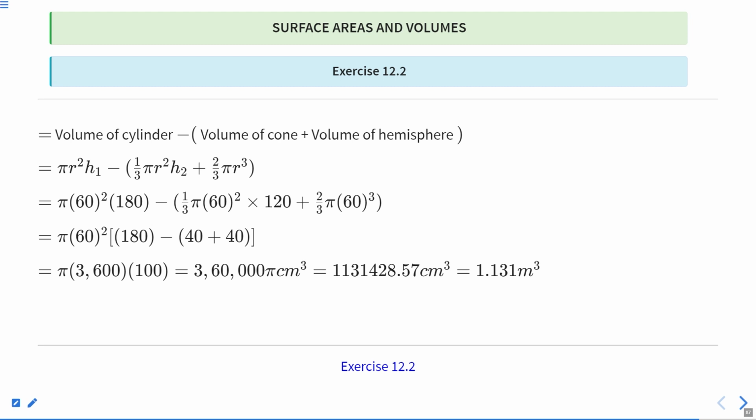So if we put all these values in this formula, then we will get pi times 60 square times 180 minus 1/3 pi 60 square into 120 plus 2/3 pi 60 cube. Okay, and from here you can take common pi into 60 square.